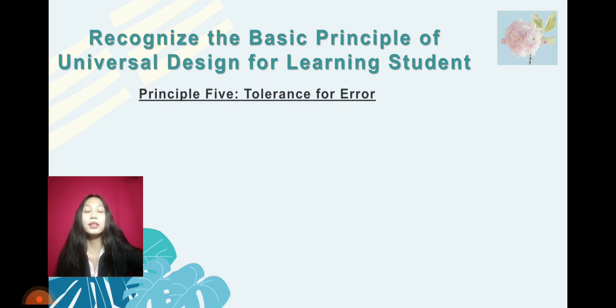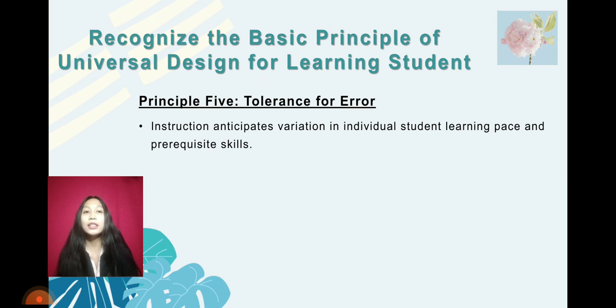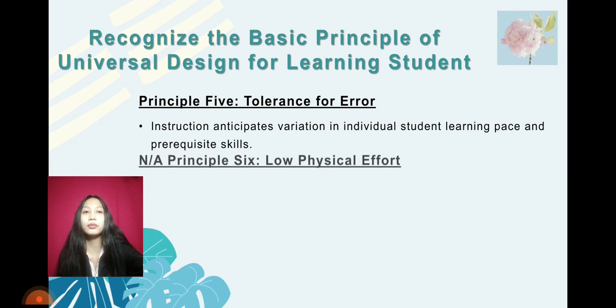Next is our fifth principle, tolerance for error. It means instruction anticipates variation in individual student learning pace and prerequisite skills.